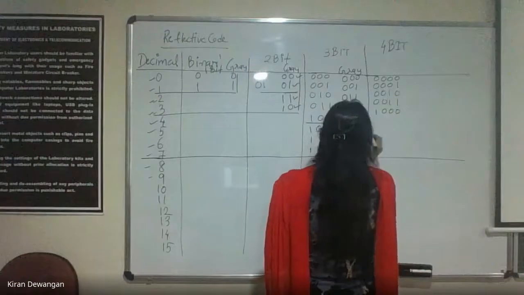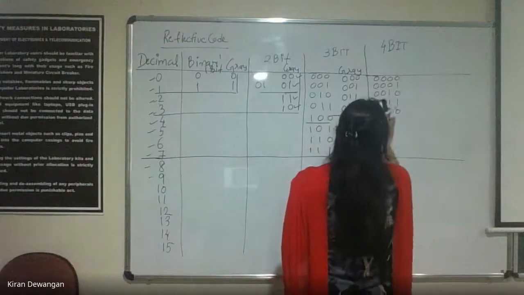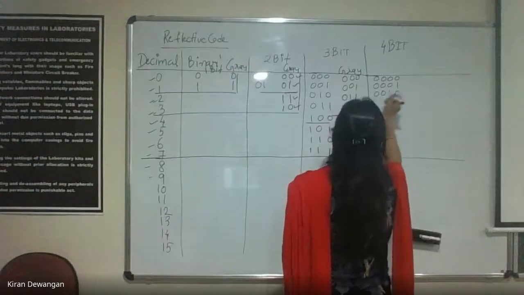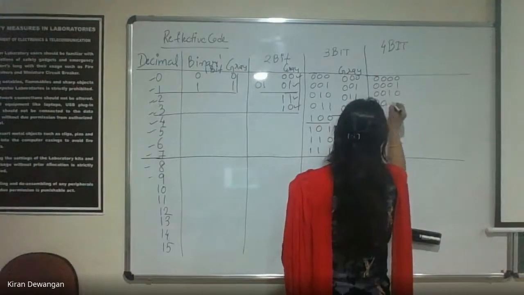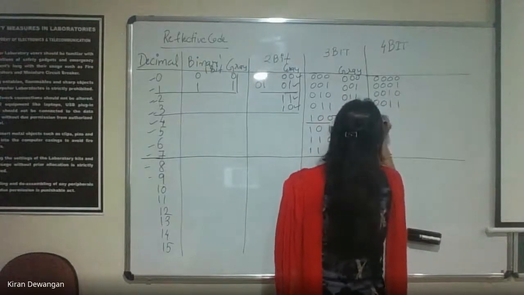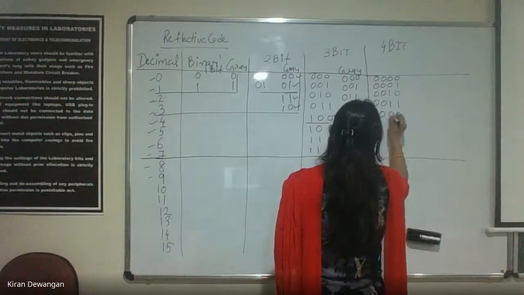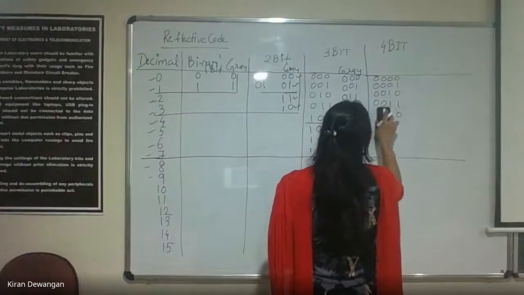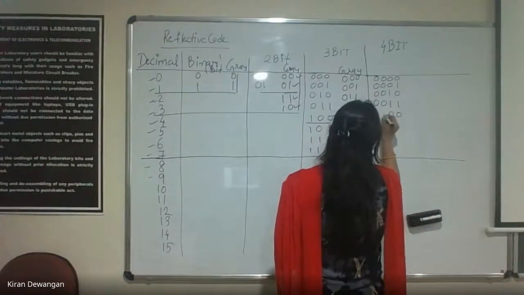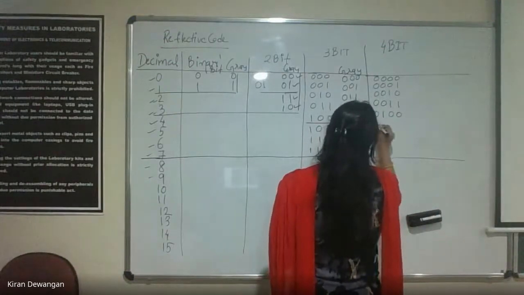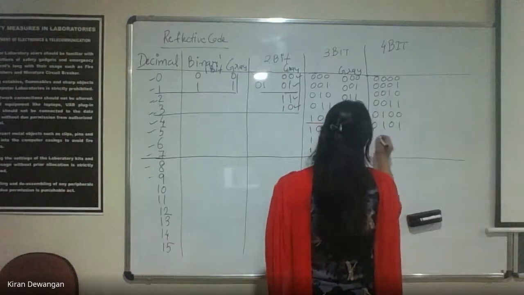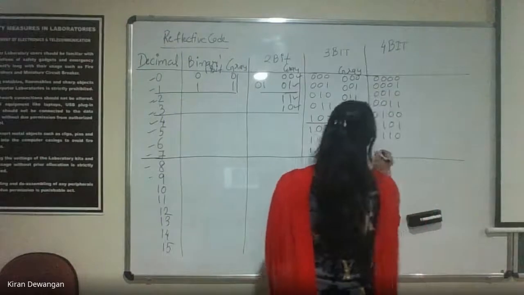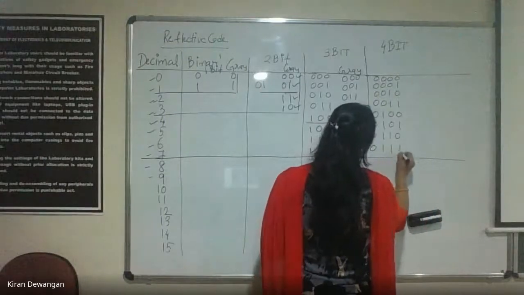Sorry, 4 is not 1 0 0 0, it is 0 1 0 0. 0 1 0 1 for 5. 0 1 1 0 for 6, and then 7 is 0 1 1 1.